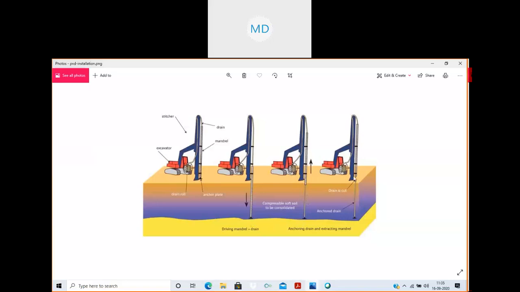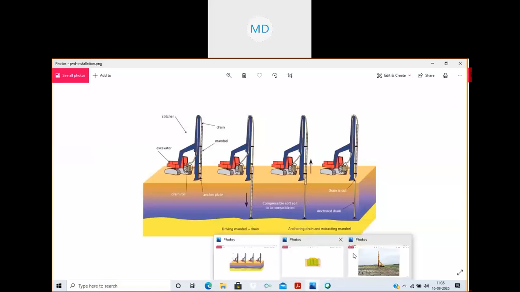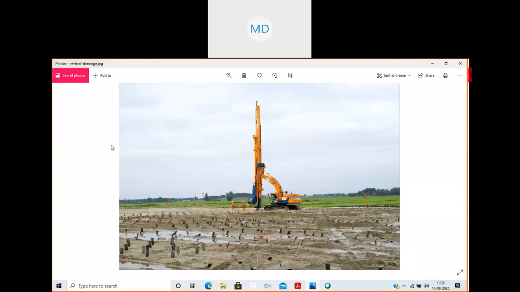So in this way, at the required depth, depending on the design, at whatever spacing the drains are to be provided, the process is repeated and various drains are inserted inside the ground. After insertion you can see this image.